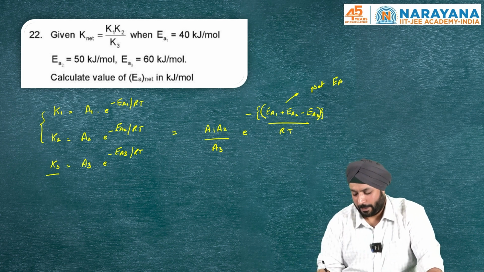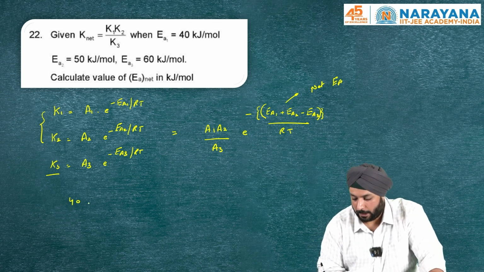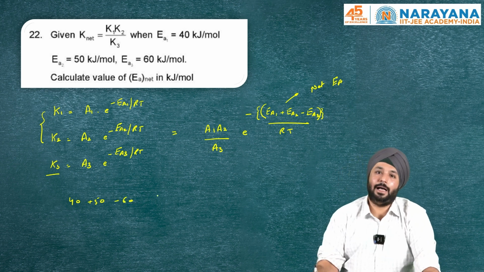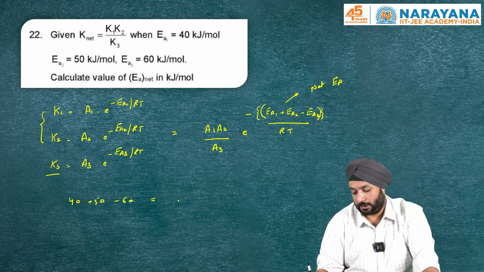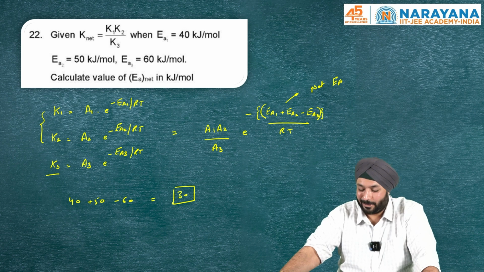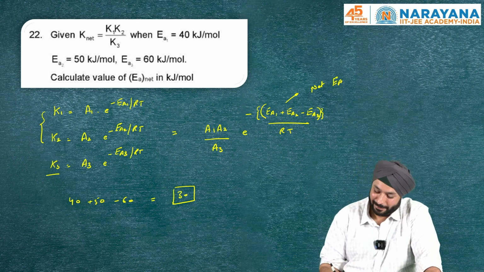So very simple, net EA will be 40 plus 50 minus 60. So the answer is supposed to be how much? Simple. So we'll move ahead, right?